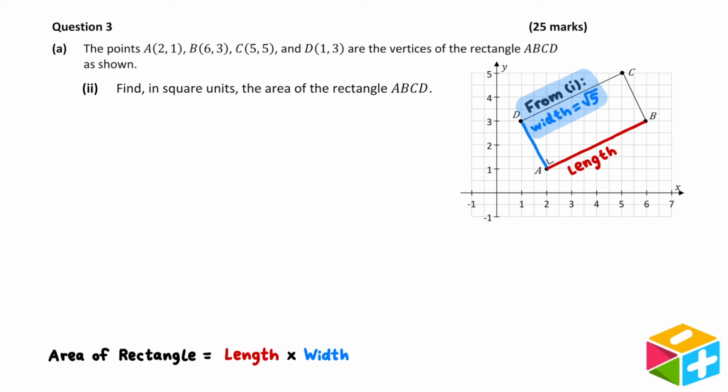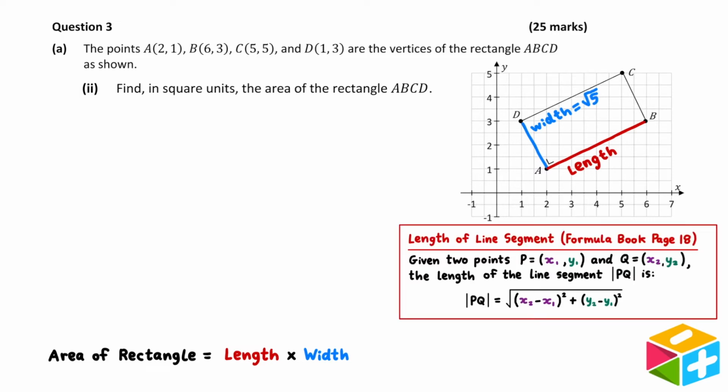In the previous part of the question, we found that the length of the line AD is the square root of 5. So we already know the width. However, we don't know the length. To find this, we'll need to calculate the length of the line segment AB.